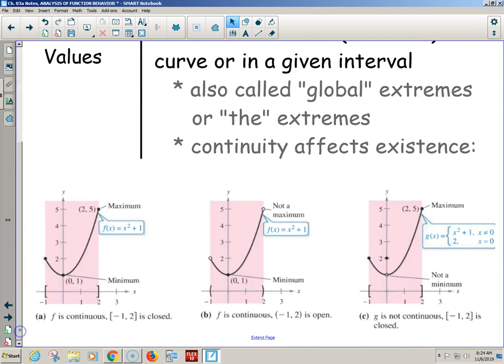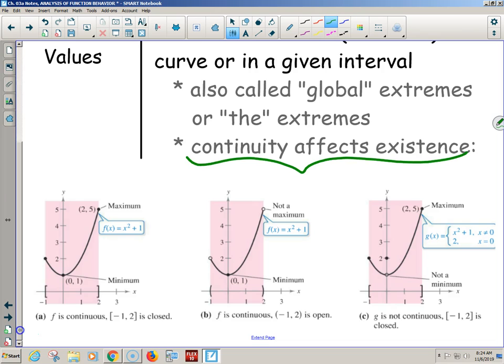Let's look at the examples. Why am I putting this whole little note that continuity affects existence? Basically, these examples are showing how this is true. Do you see how these ones are including the endpoints, and the endpoints exist? This one is excluding the endpoints, and maybe they don't exist, maybe they are truly holes, or maybe they normally are there and we're just not allowed to look at them because it's an open interval.